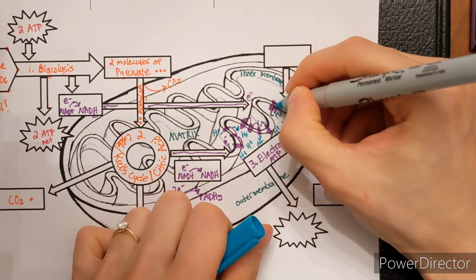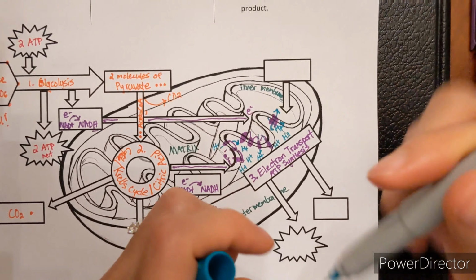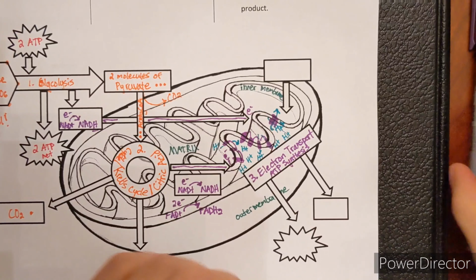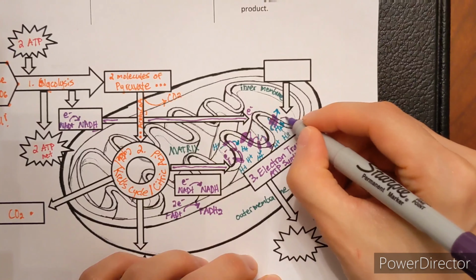And as they do that, this protein is actually going to be turning around on itself, very much like a crank on a turbine or a crank on a windmill, water mill, any of those sort of things, and creating kinetic energy. And as he's cranking and creating his kinetic energy, he is actually going to be spitting out ATP molecules.